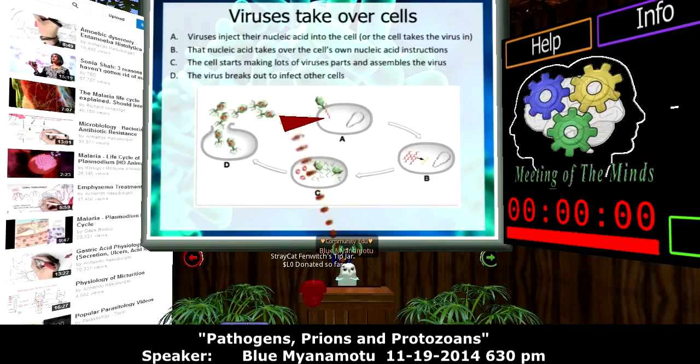What ends up happening is that nucleic acid takes over the nucleic acid that is already in the cell. Think of it this way: say your body is a construction warehouse, and you have the blueprints for how to make you sitting in the middle of the table.